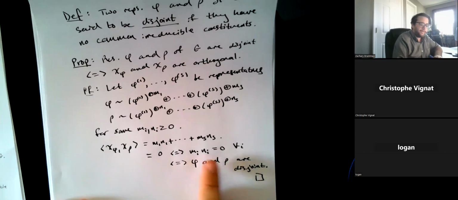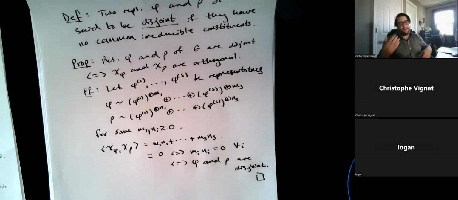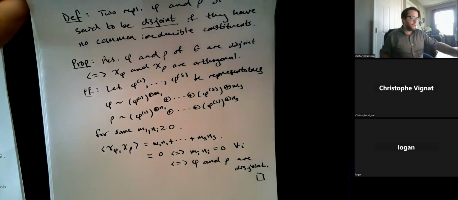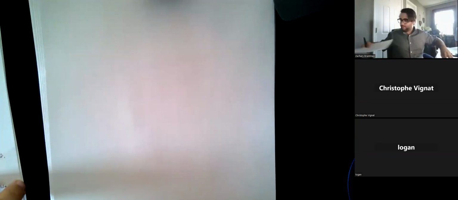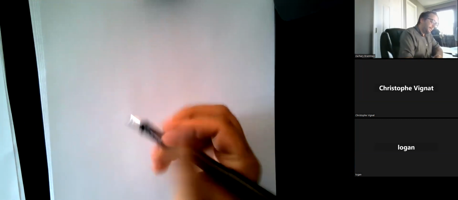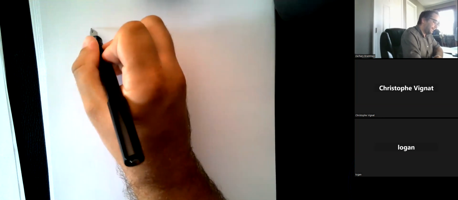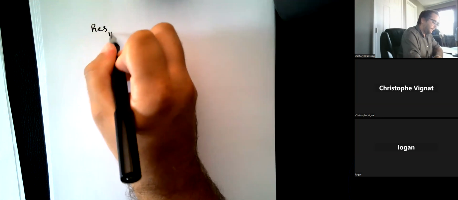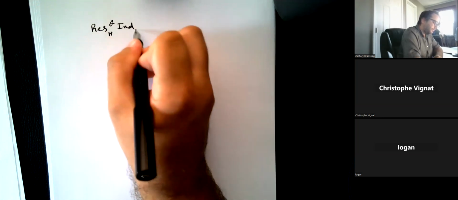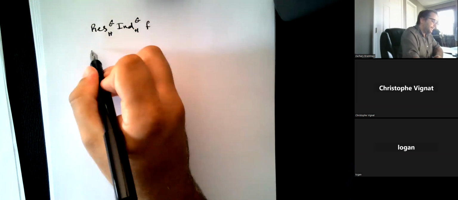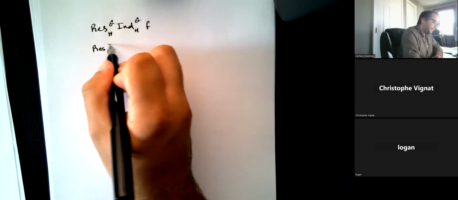That's because m_i n_i equals 0 means that either m_i is 0 or n_i is 0, and so they will never have the same constituent irreducible representations. Okay, so it turns out, apparently, according to Steinberg, to be much more difficult to understand this mapping than it is to understand this mapping.